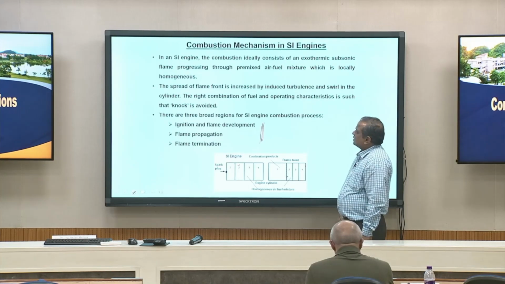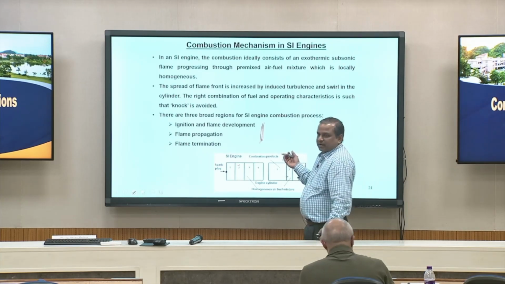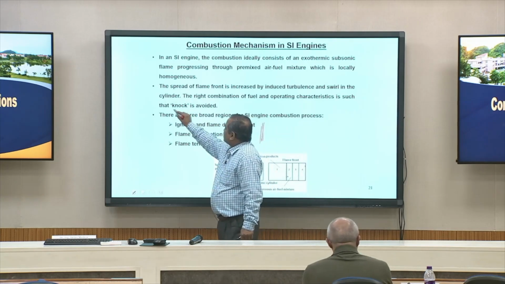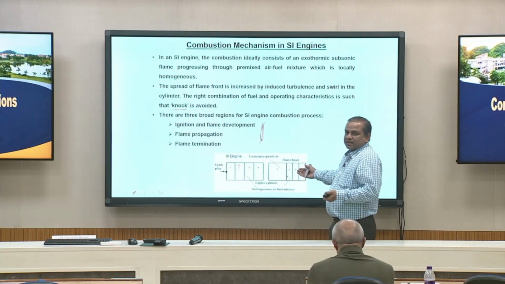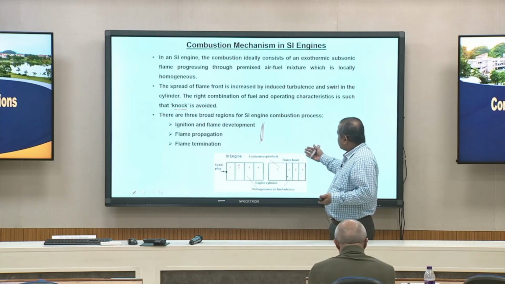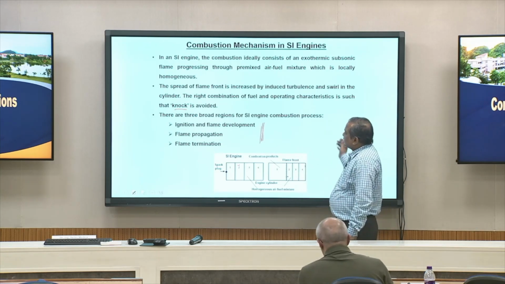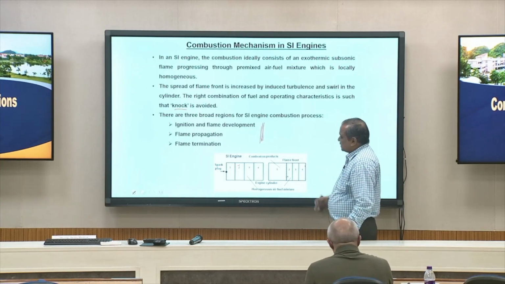Now if it doesn't happen, then it gives some kind of undesirable phenomenon, which in a qualitative way we call knock, and quantitatively it is undesirable pressure pulses, which means that the pressure rise has happened, but the flame is still sitting in the chamber. We see those things in the pressure traces or temperature traces when you actually take them.